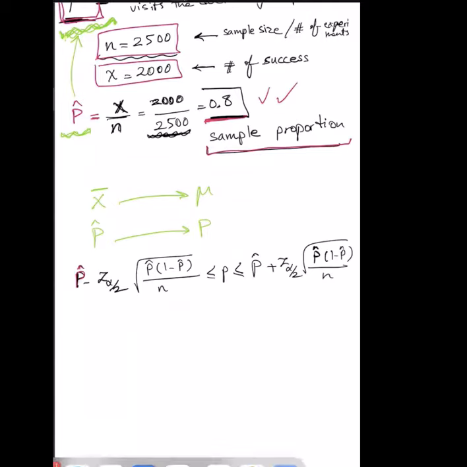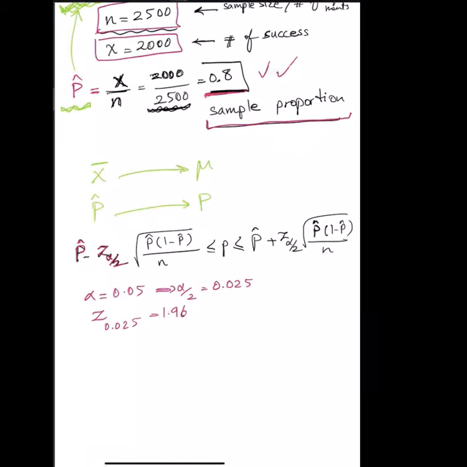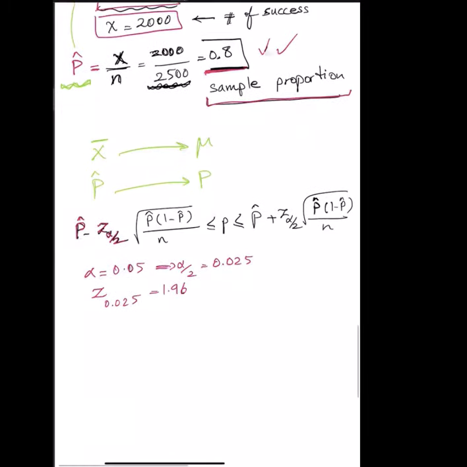The only other thing I need is Z of alpha over 2. And alpha here for a 95% confidence interval is 0.05. So alpha over 2 is 0.025. So Z of 0.025 is 1.96. I have used that number so many times, so I just know it.